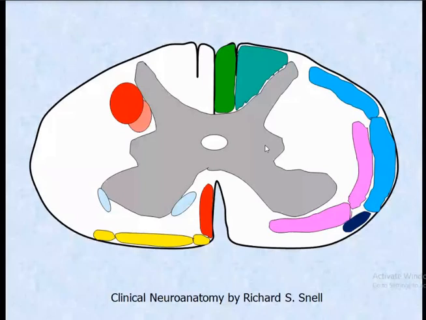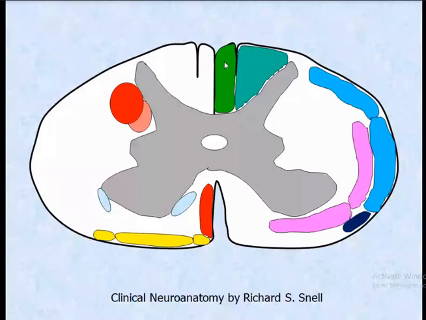The ascending fibers we studied in our last lecture have three major pathway systems: the dorsal column pathway, the spinocerebellar pathway, and the spinothalamic pathway. Can any one of you tell me which ascending tract this area represents?